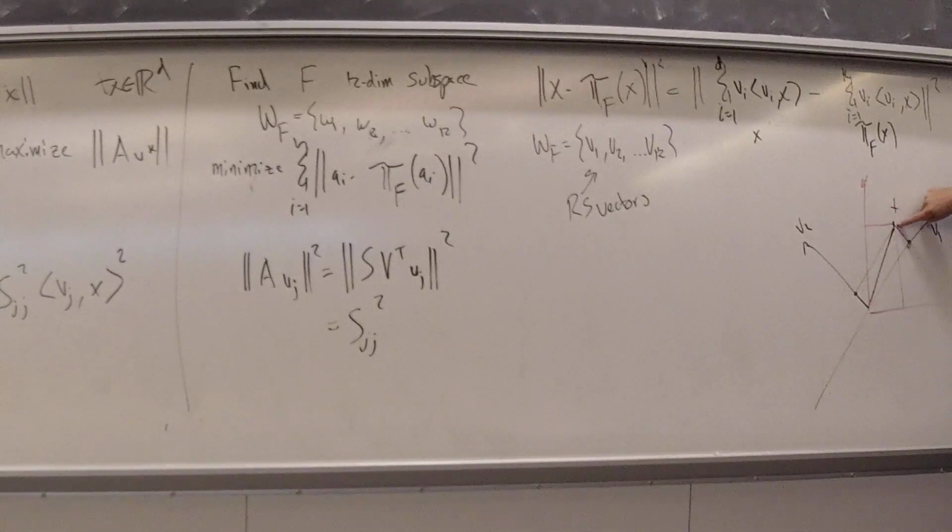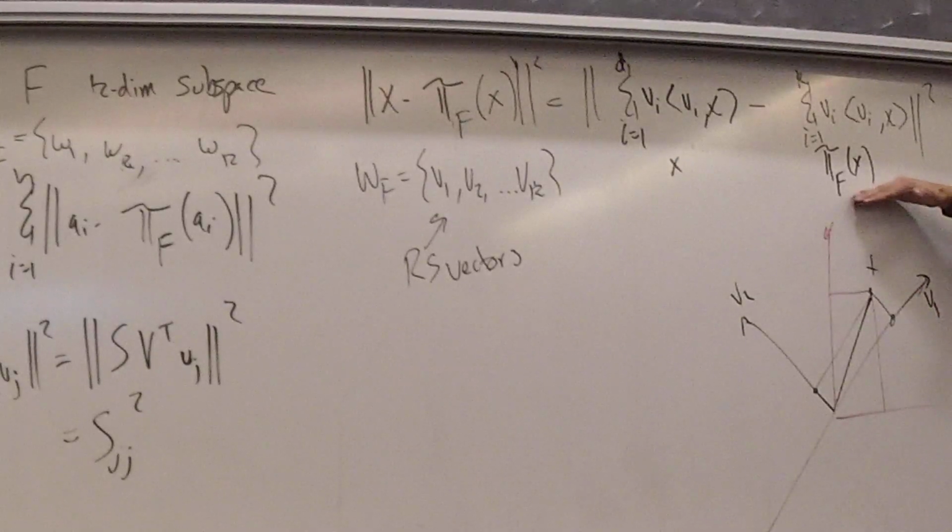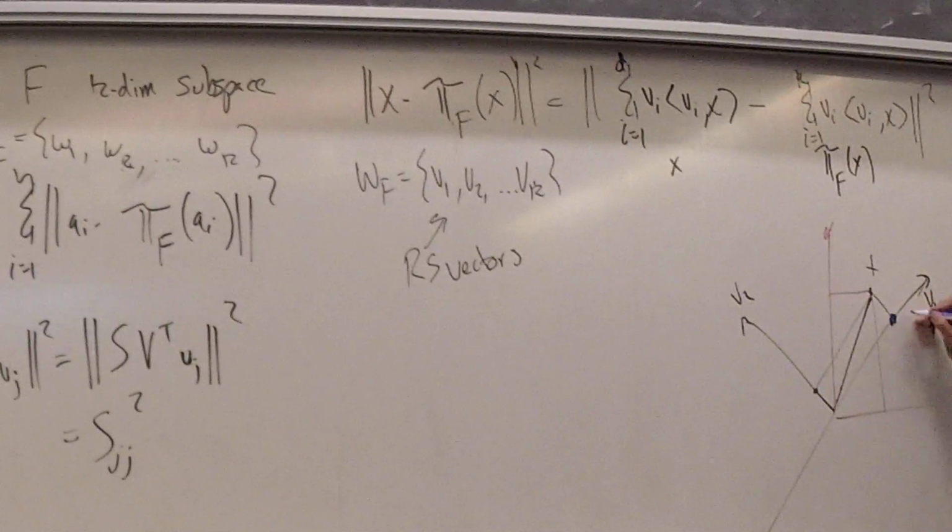And I can decompose the norm of x into the component along V1, the k-dimensional subspace, and V2, the d minus k-dimensional subspace. And so the norm is preserved. This is the norm captured in this projection. This point here is in general the pi of f of x. And so its norm is here.